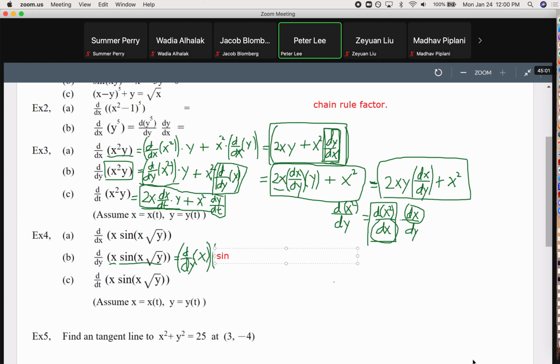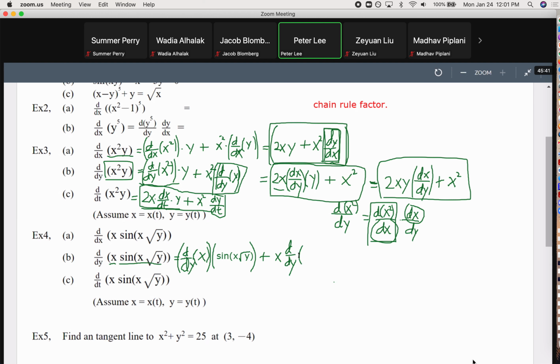This is sine of x times square root of y. Let me change the color. So that is f prime g plus f times g prime. d/dy of what? d/dy of this: sine of x squared y.